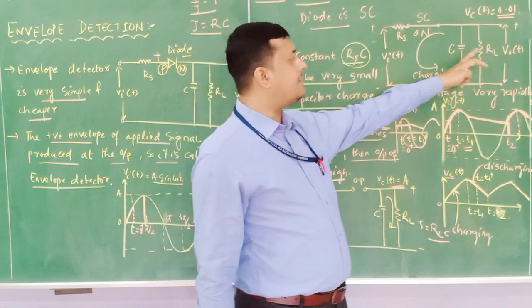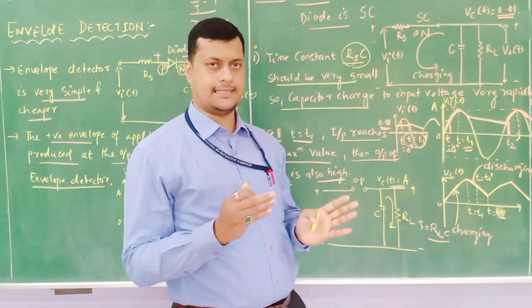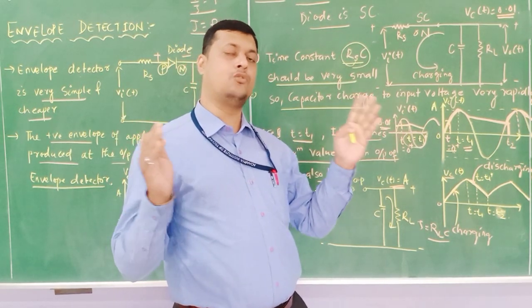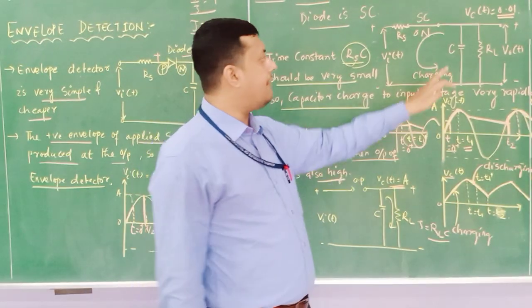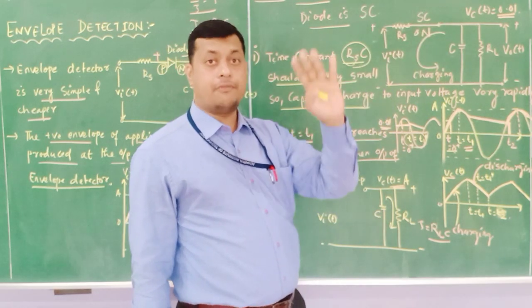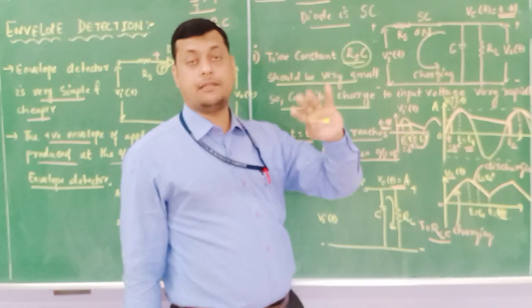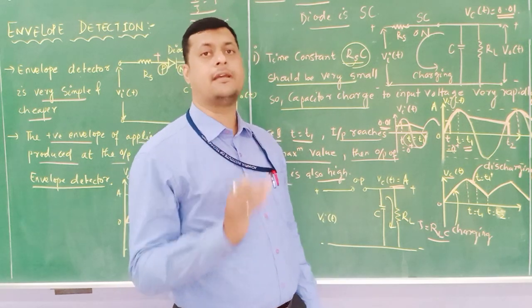If your RC into RL time period is high, that means frequency is less. So in our modulated signal, whose frequency is less? Modulating signal frequency is less. If your RC into RL time period is very less, your frequency is very high. If the frequency is very high, that means it will identify the presence of carrier.